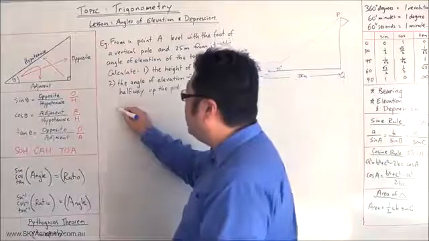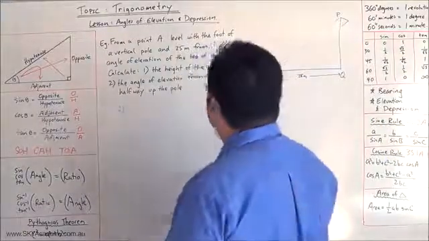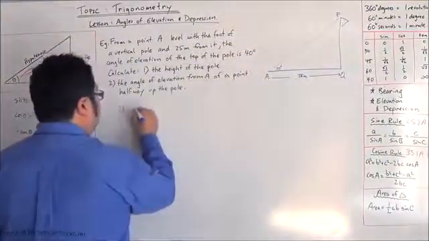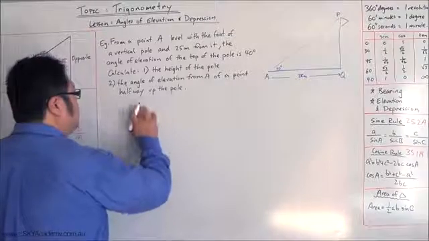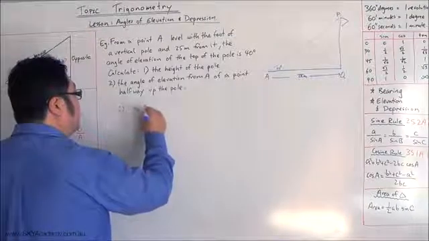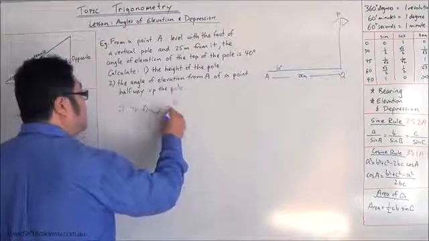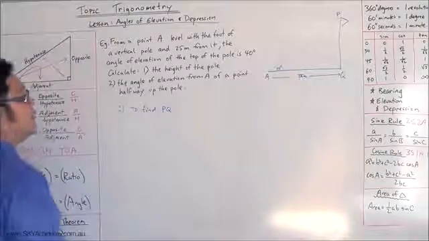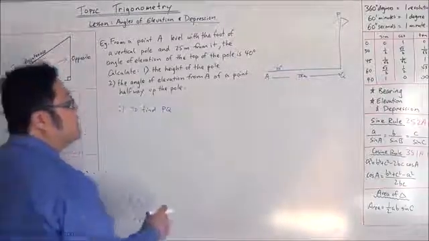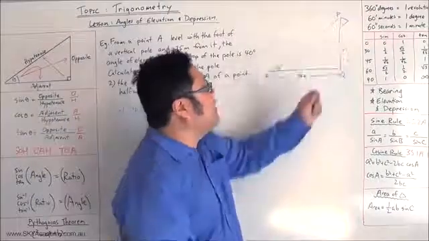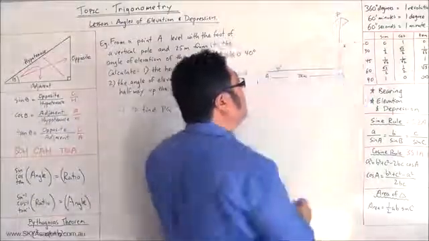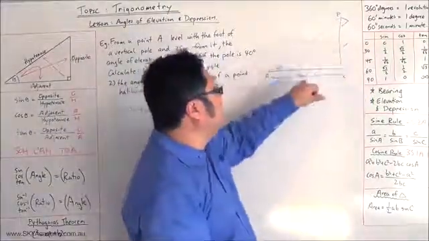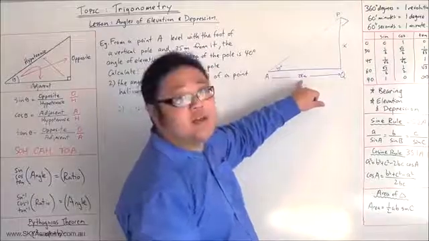So let's do part one. The height of the pole is basically PQ. To find PQ, you've got this side, which is the opposite side. This side is the adjacent side.